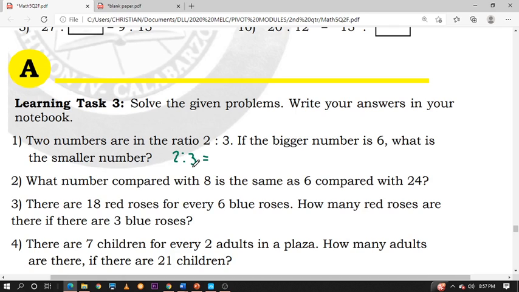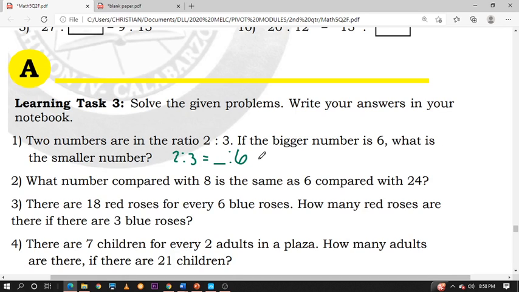extremes or yung means? Yung means, di ba? Pero, paano pag gagawin natin dyan? Yung first term ba? Yung second term? Alin ang mas malaki? So, yung second term. So, yun yung 6 natin. So, ang nawawala ay yung smaller number. So, yun yung first term.